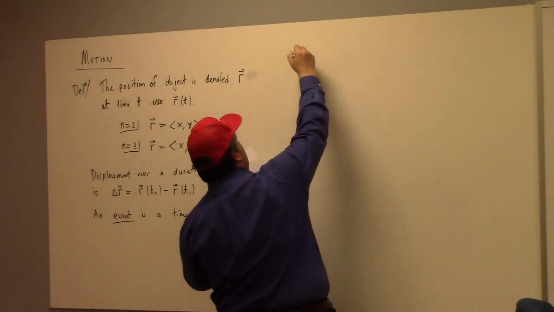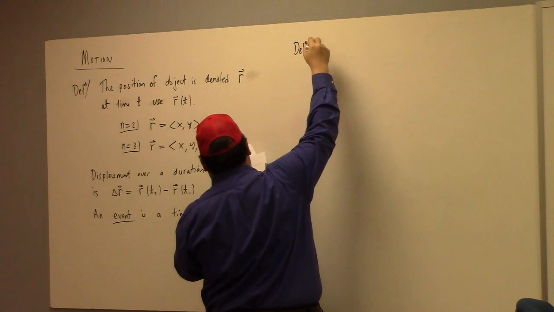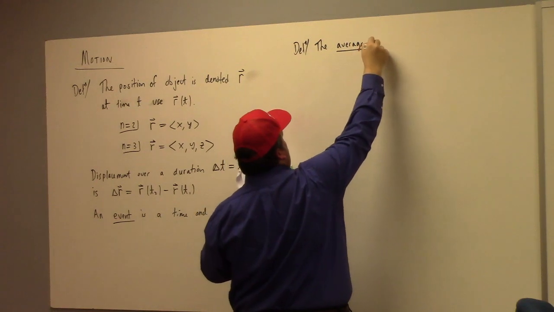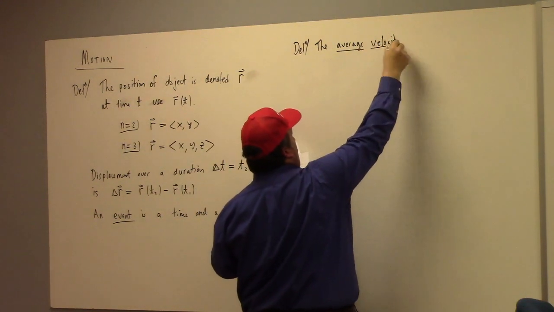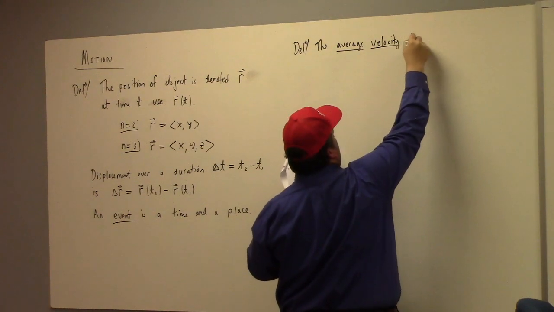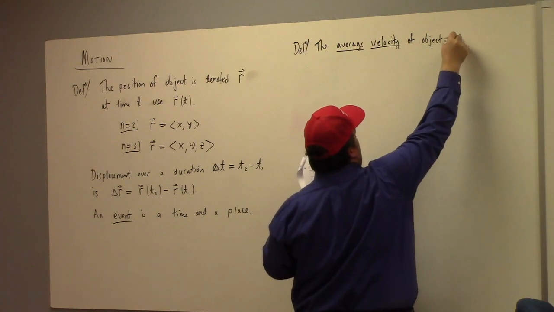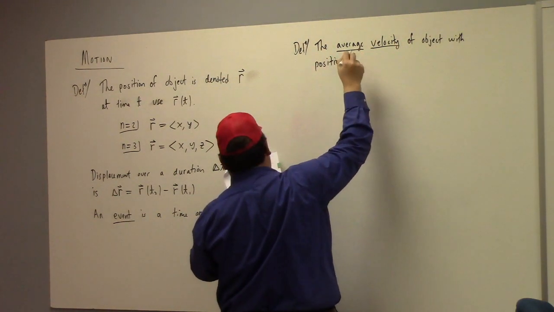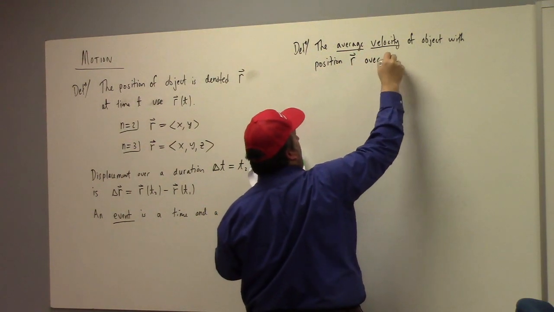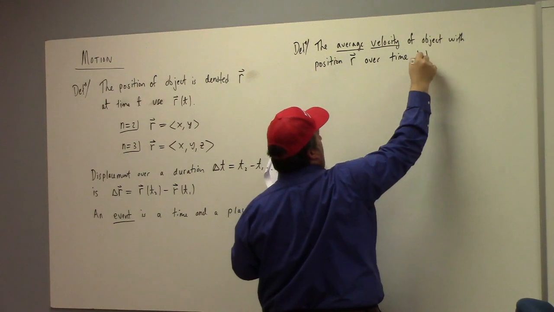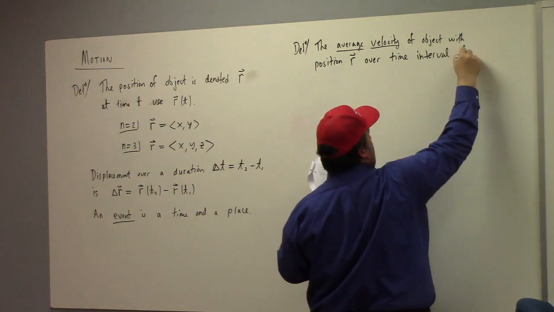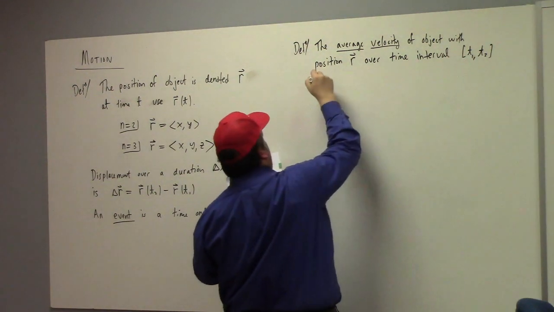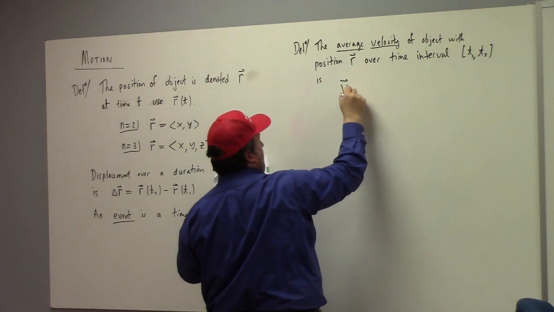Next up, definition. The average velocity of an object with position r over time interval, say t1 to t2, is the average.